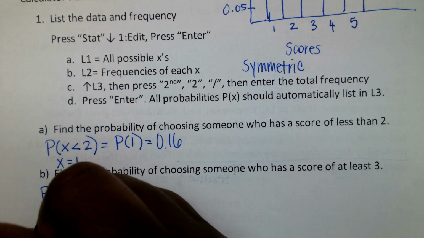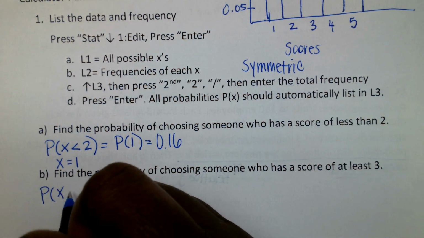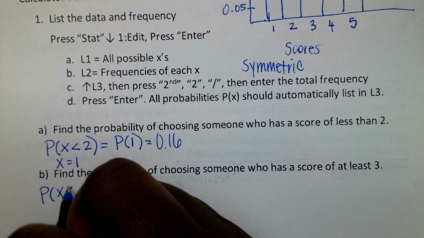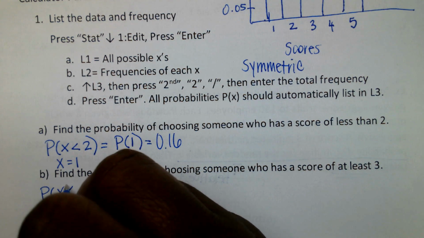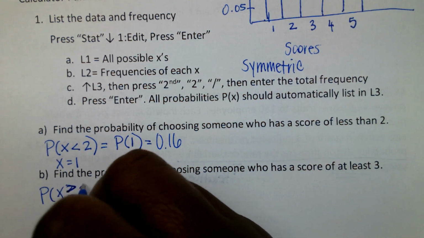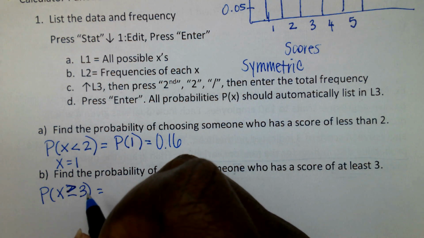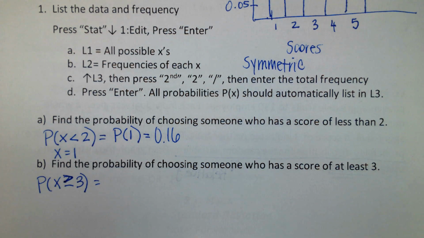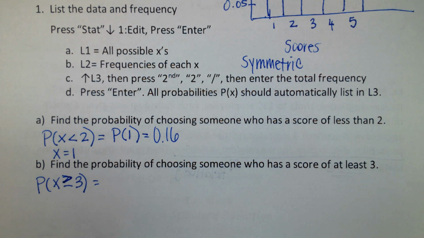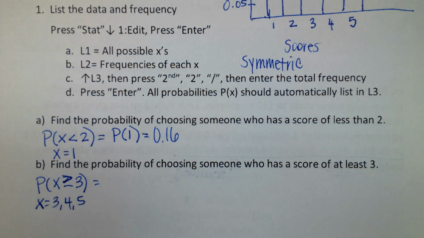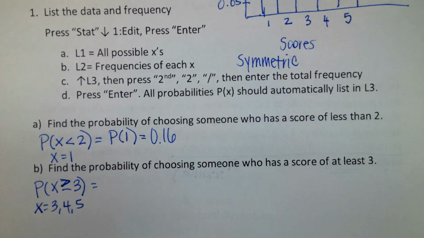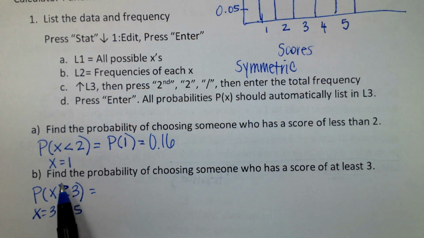So algebraically, or inequality-wise, I'll say this. At least $3 means x equals 3, 4, 5. Hopefully that makes sense. So all the x's greater than or equal to 3, that equal sign means it's included.